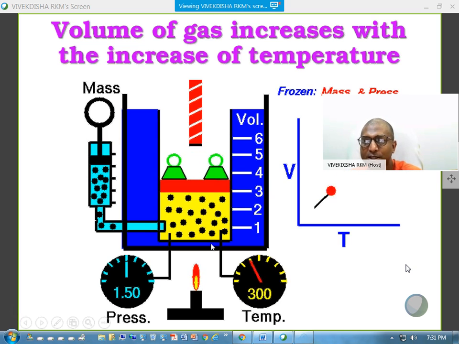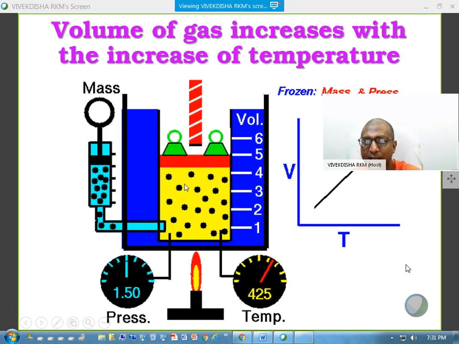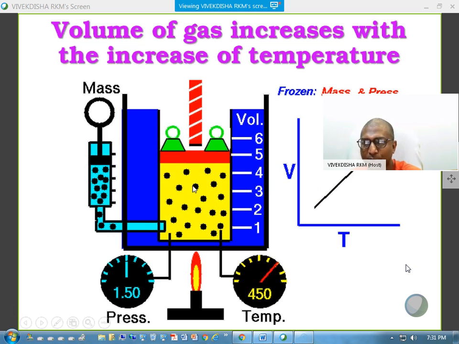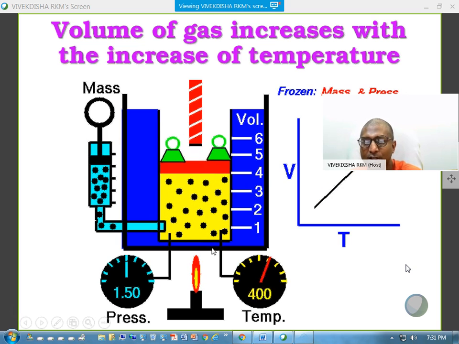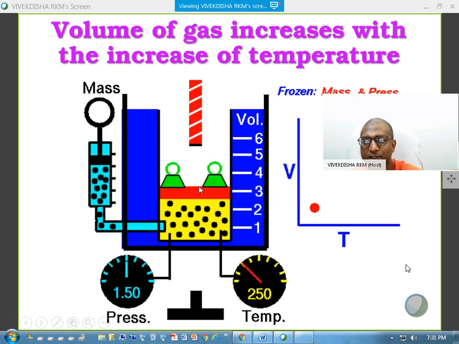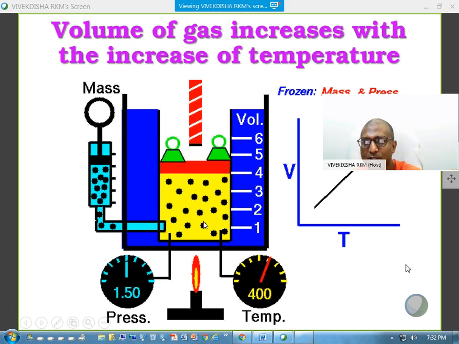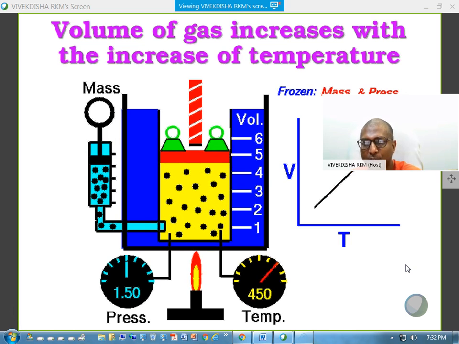If temperature is increased, we are observing that volume is increased. The total amount of gas remains the same, but only if you increase the temperature, the volume of the gas will be increased. Check this one. If you increase the temperature, the volume of the gas will be increased. If you reduce the temperature, the volume will be reduced.